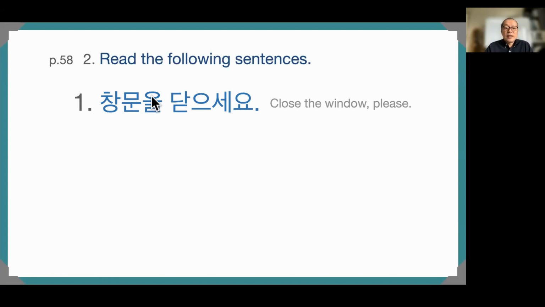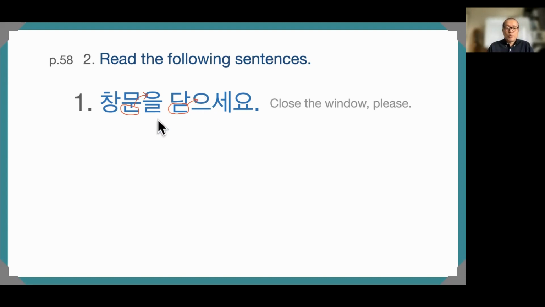Because when one syllable starts with an empty consonant and the previous syllable ends with a final consonant, the consonant sound shifting happens. So here, right? This one will move here. What about here? Also here, right? This 받침 is shifted to the next syllable here.